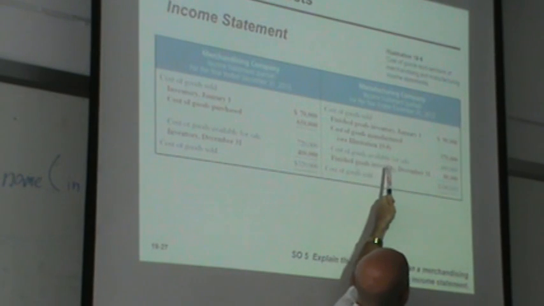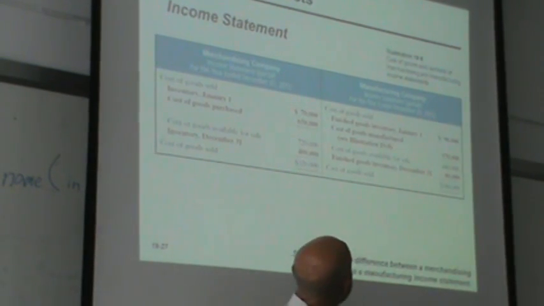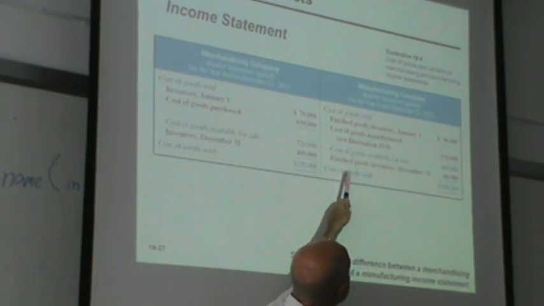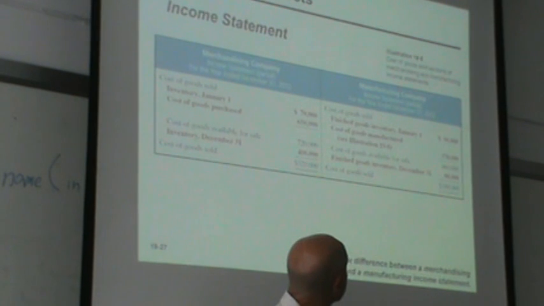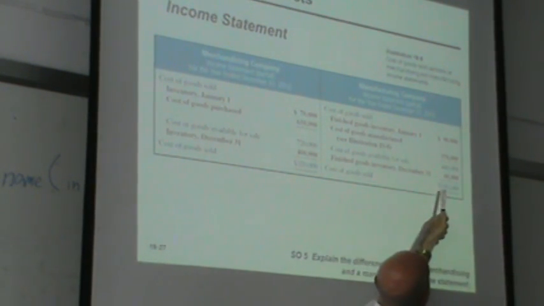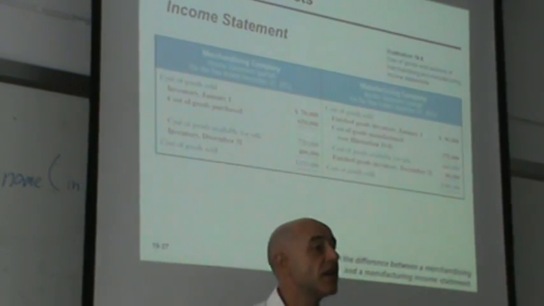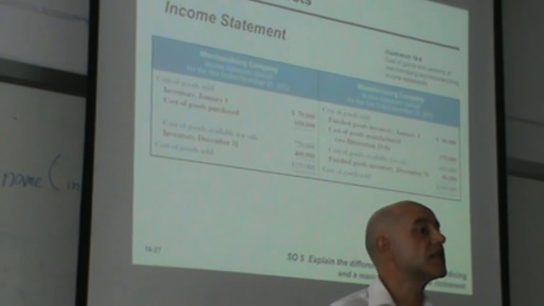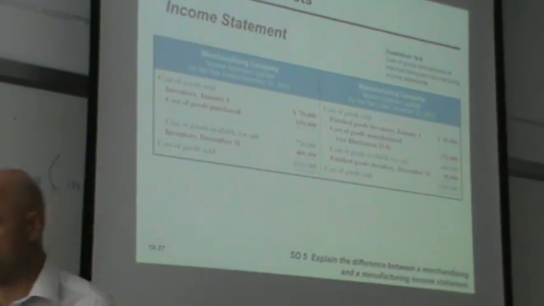So, available for sale is 460. And this is the finished goods inventory, 80, okay? So, cost of goods sold, 380, okay? So, that's the calculation, okay? This is a simple, easy, straightforward calculation.